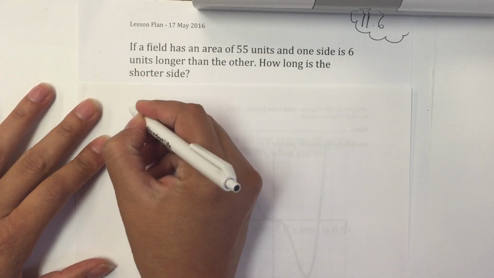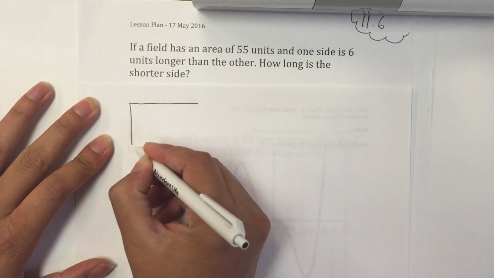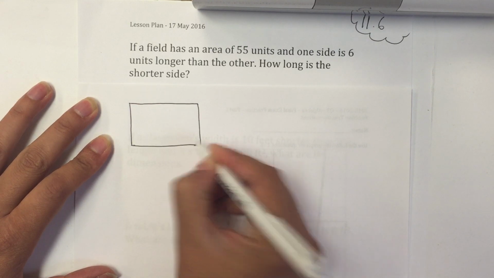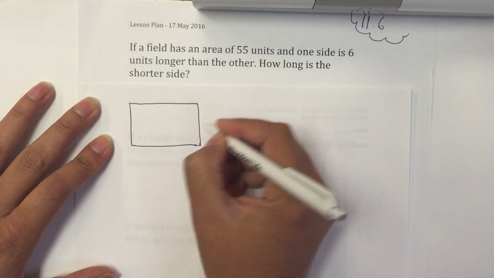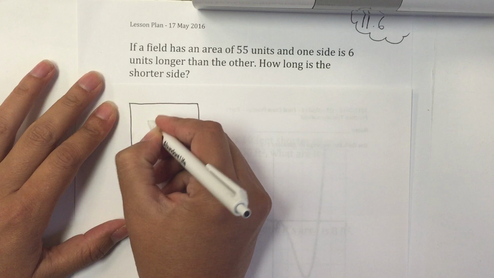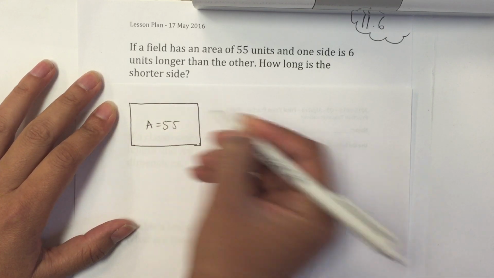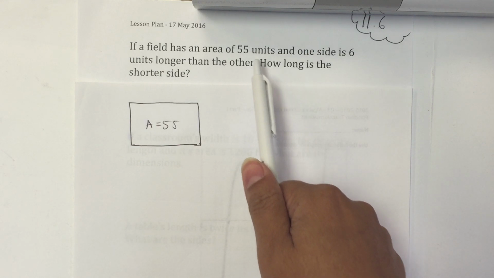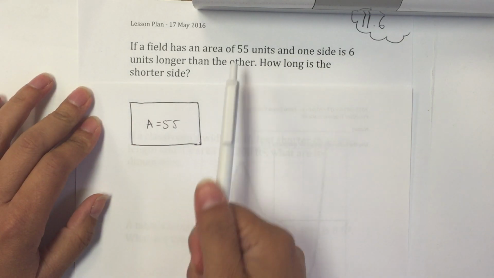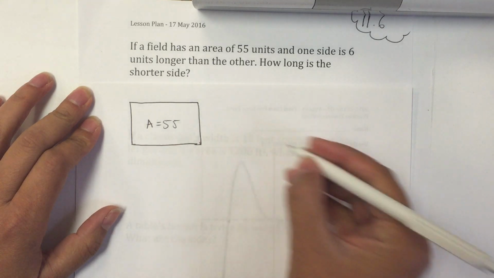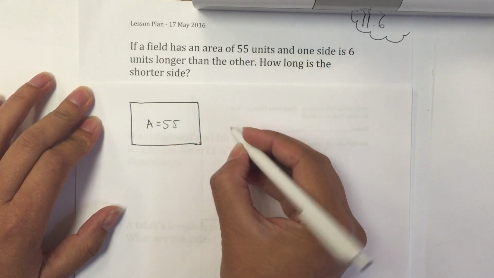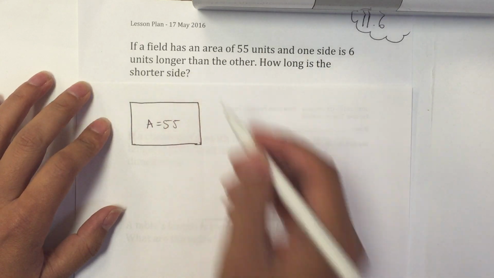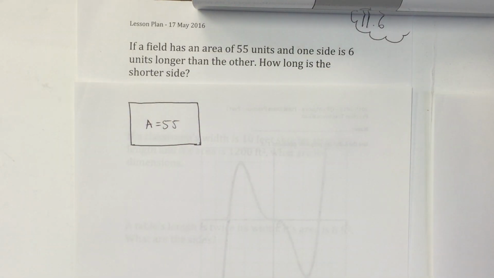Let's say that your field is maybe to plant corn or rice, we don't know, but the area is equal to 55 square units, and it can be acres, or maybe a small one and it's just meters or yards.